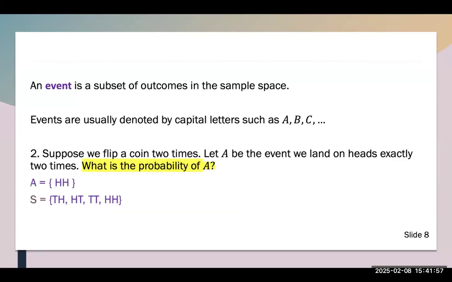So A, which is the event we land on heads exactly 2 times, has 1 element, and there's 4 elements in S. So the probability that we land on heads exactly 2 times is 1/4 or 0.25. You could also say there's a 25% chance that we will land on heads exactly 2 times when we flip a coin twice.